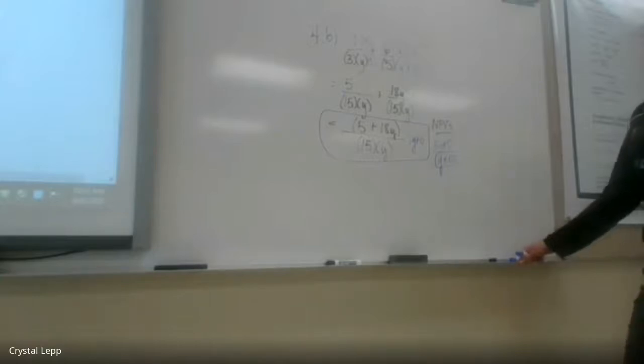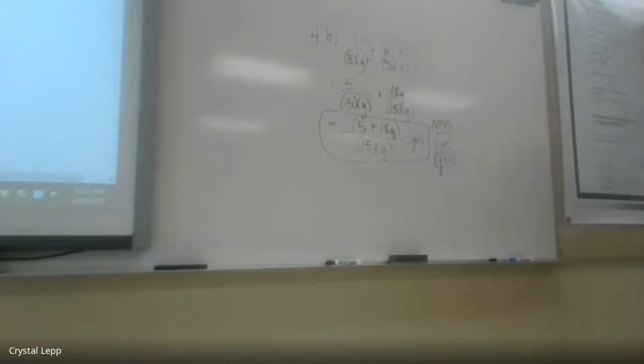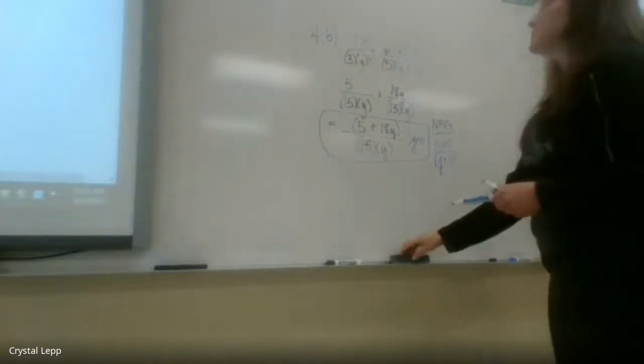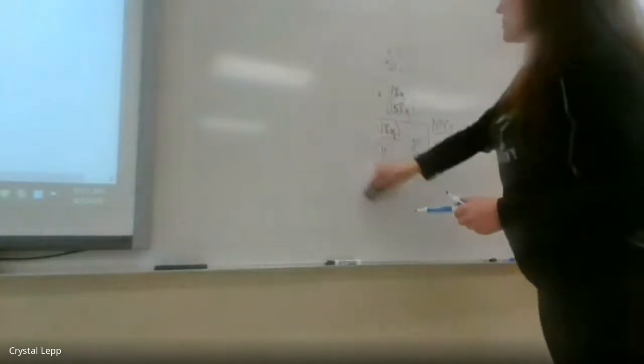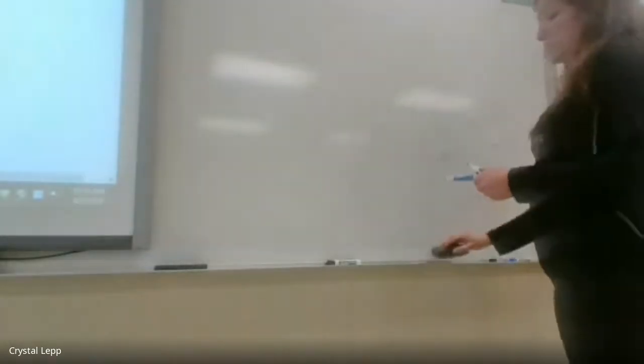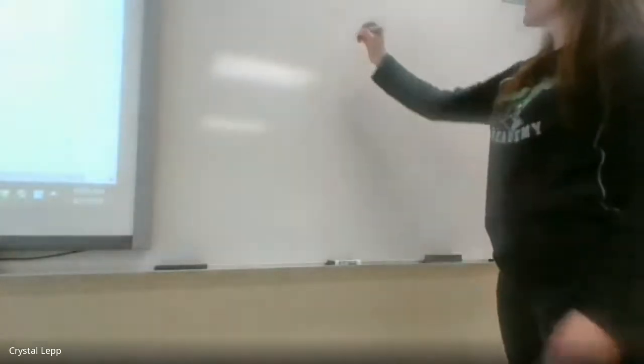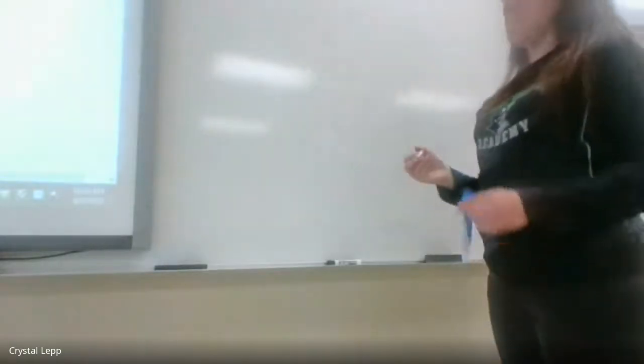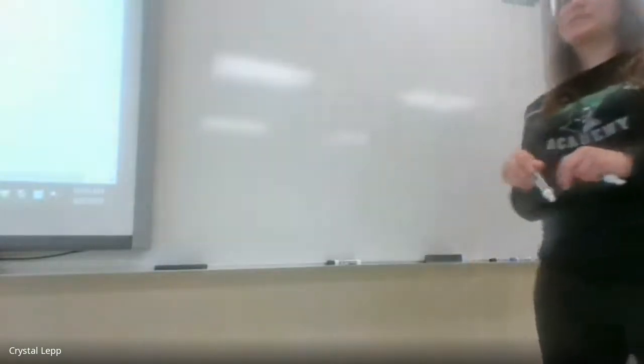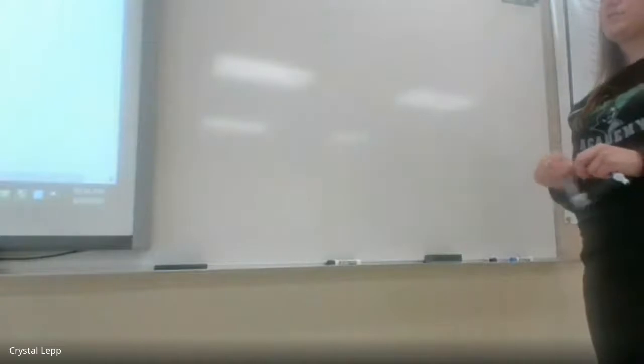Okay, and we have C. C is 2x minus 5 over 6x minus 3x minus 2 over 3x. So let's look at that one. So when you go to do your assignment, try and figure out which example it's like, and then you can follow those examples.